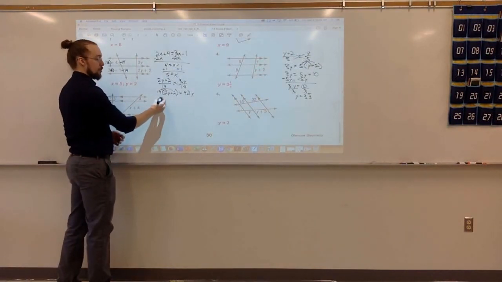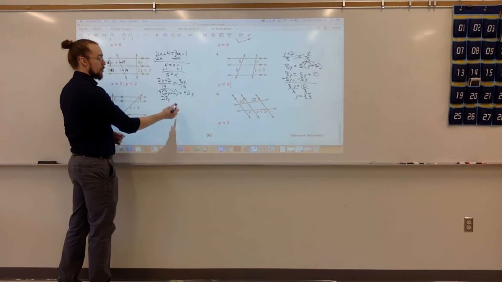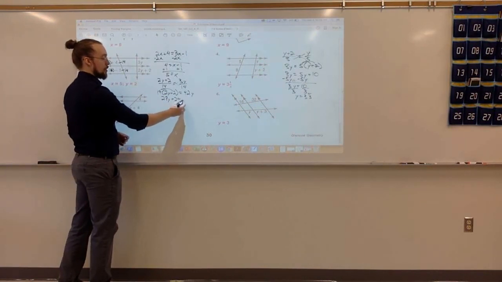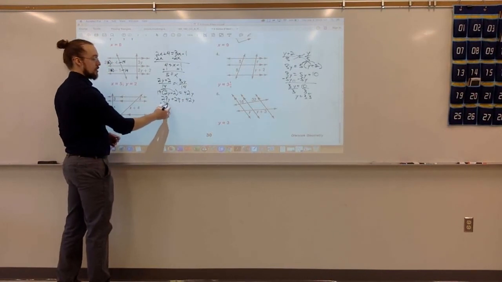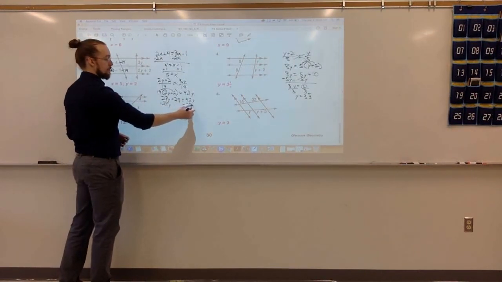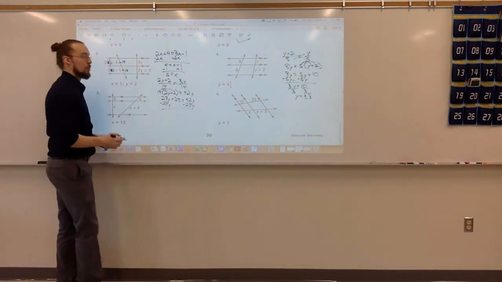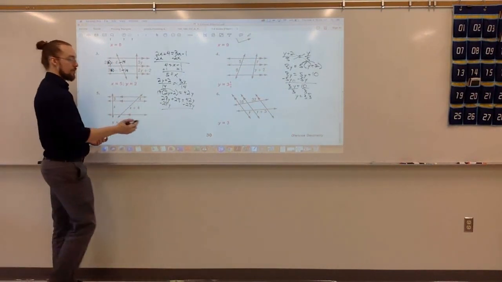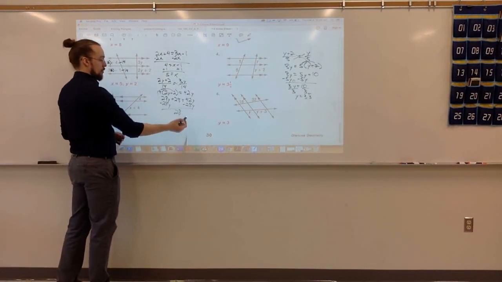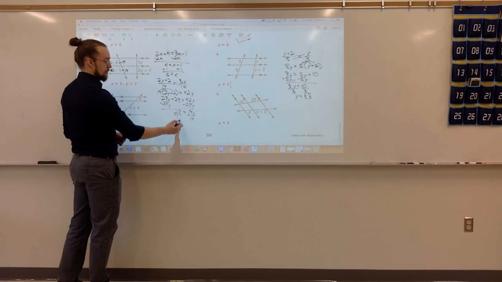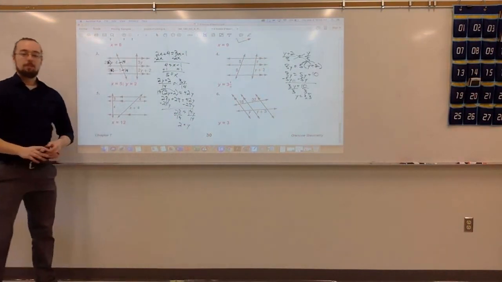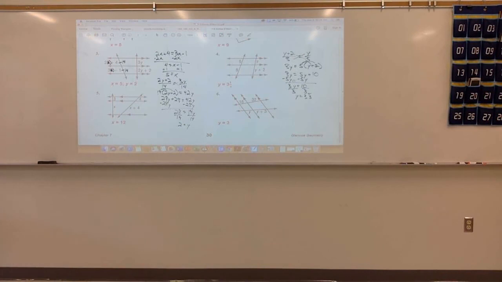Distribute the 14 through. Get 28y plus 28 equals 42y. Subtract 28y over. Get 28 equals 14y. Divide by 14 and we should get y is 2.